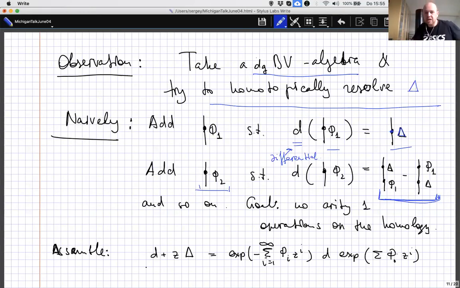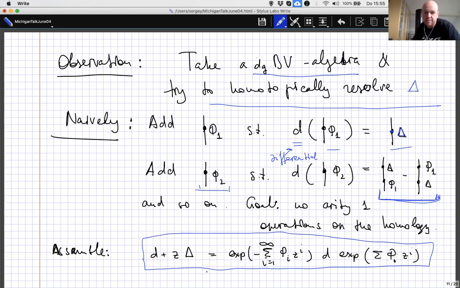A way to assemble that is to write this kind of conjugation: if I look at what happens in the BV algebra, then this differential D would be conjugated by the exponent of these phi1 operations. So what is written here is altogether still a phi1 operation: D plus z delta, where z is just a formal parameter.